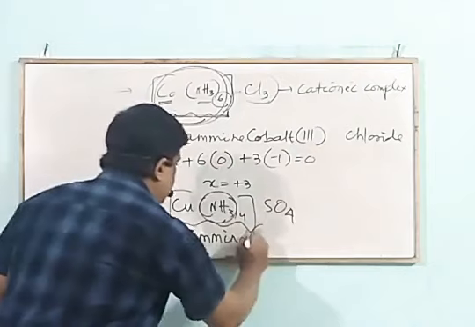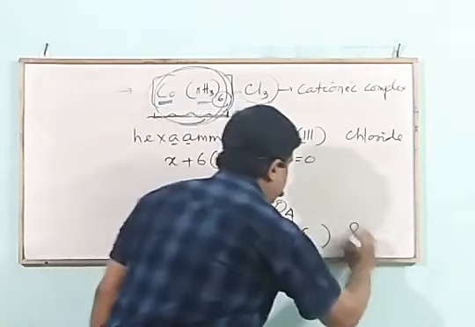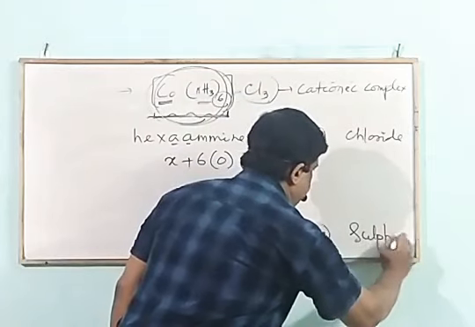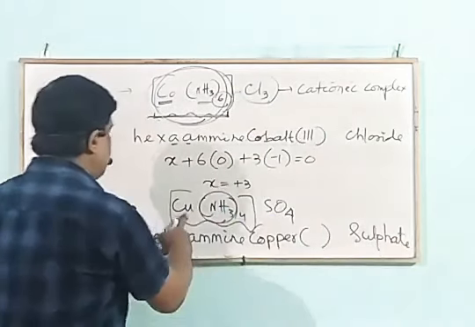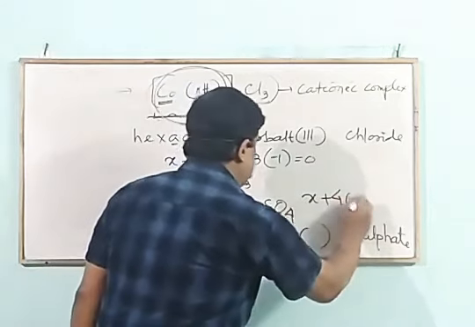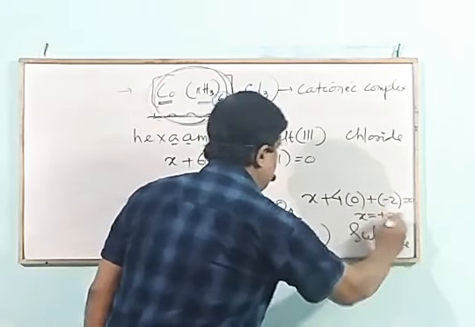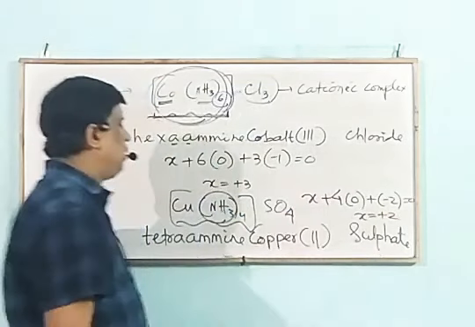Next, the central metal atom, copper, followed by parentheses, gap, sulfate. Its oxidation number is not known, let it be X plus 4 into 0 plus minus 2 is equal to 0, X is equal to plus 2, it is Roman numeral II.